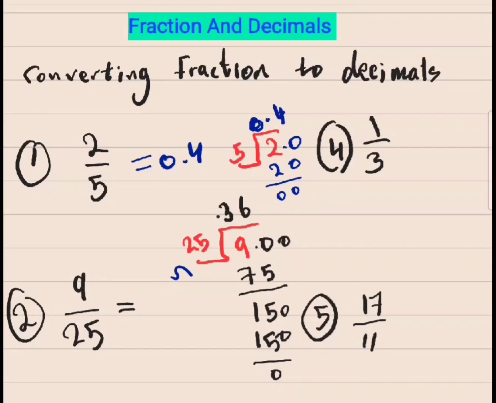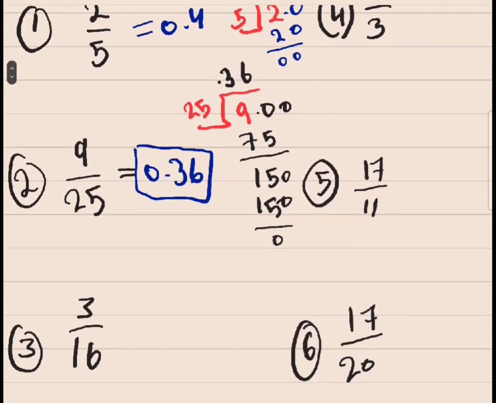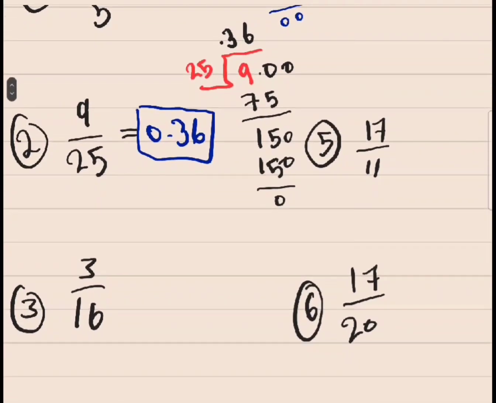But our answer is 36/100. So 9/25 is equal to 36/100.